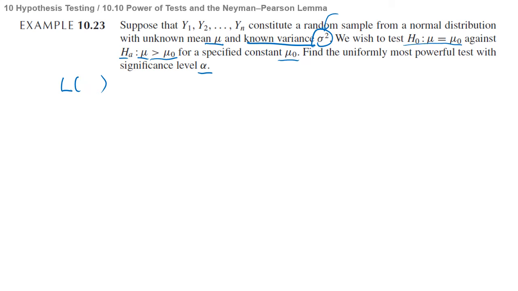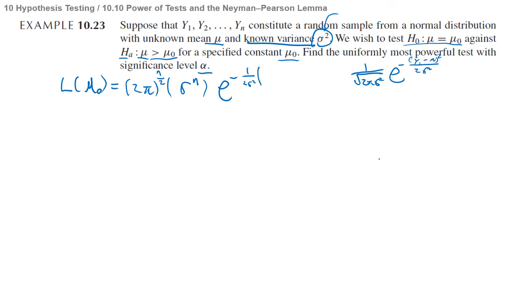And here the L(theta 0) is L(mu 0), and the normal probability density is 1 over square root of 2 pi sigma squared, e to the minus (yi minus mu) squared over 2 sigma squared. So L(mu 0) is (2 pi) to the n over 2, sigma to the nth, and e to the minus 1 over 2 sigma squared times the sum from i equals 1 to n of (yi minus mu 0) squared.